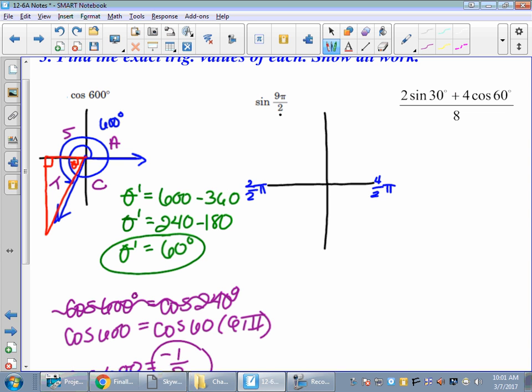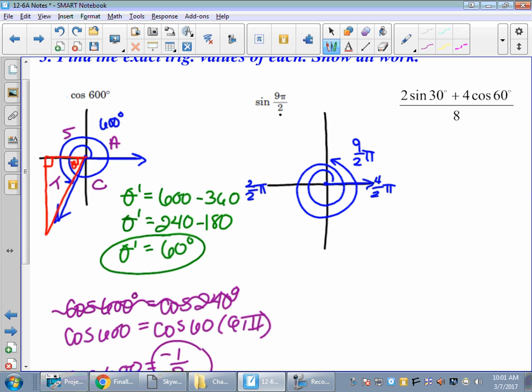When I figure out my quadrantal, I need to know how much I went around. If I do 9 minus 4, that gives me 5/2. I'm still too big. I'm at 1/2 pi. So when I draw this angle, this would be 4/2, this would be 8/2, this would be 9/2 pi.